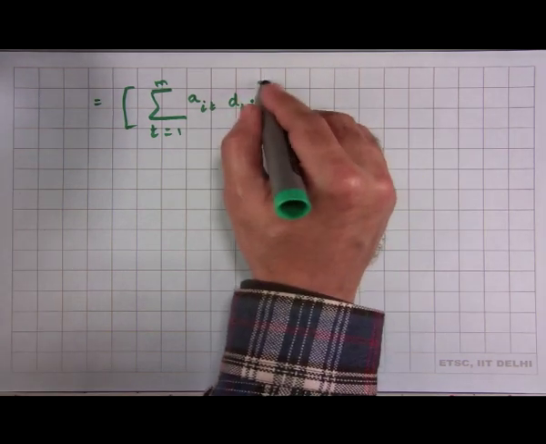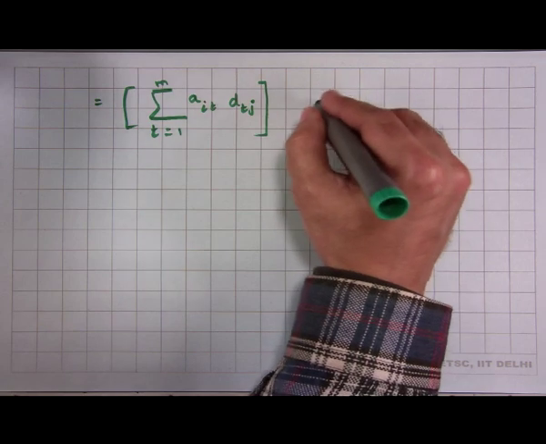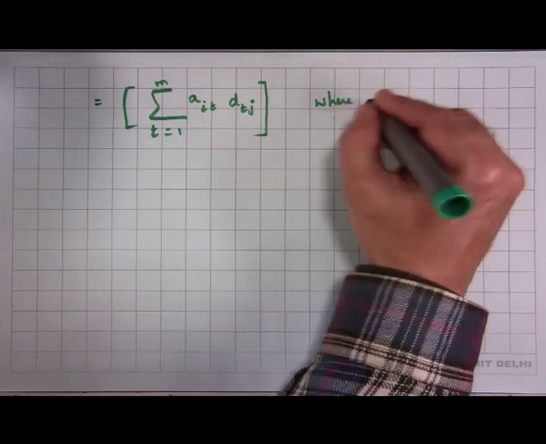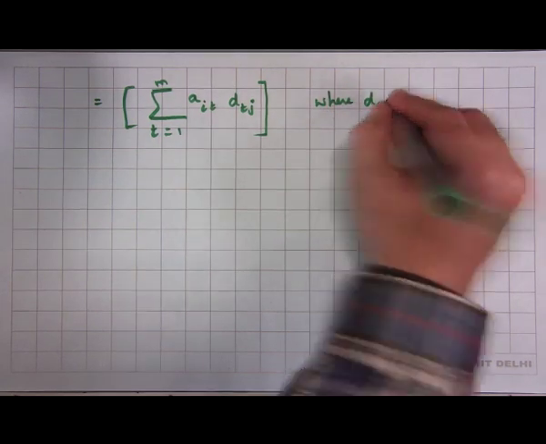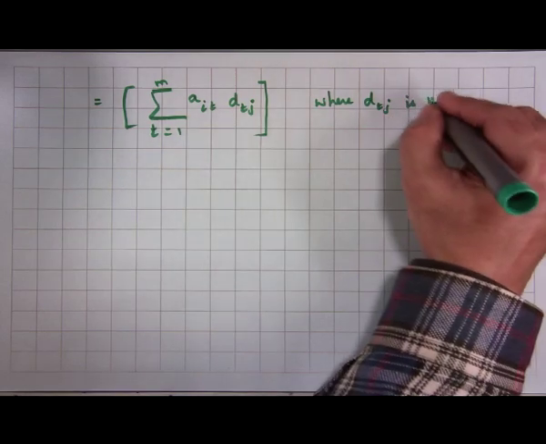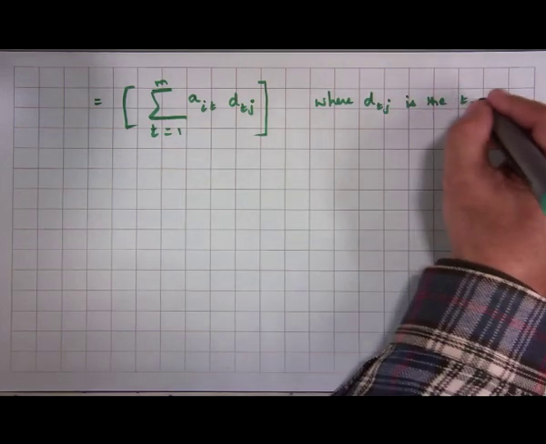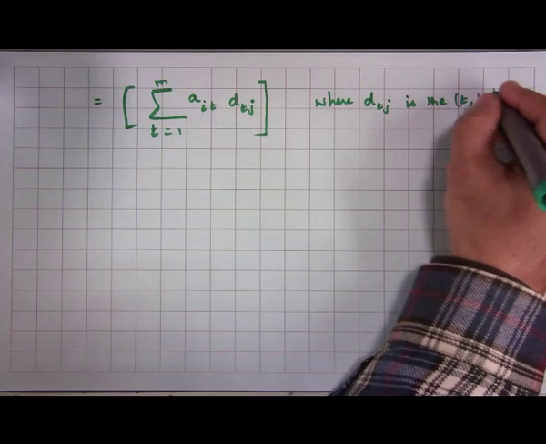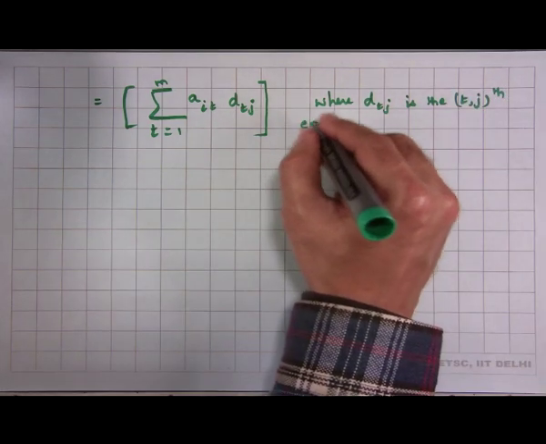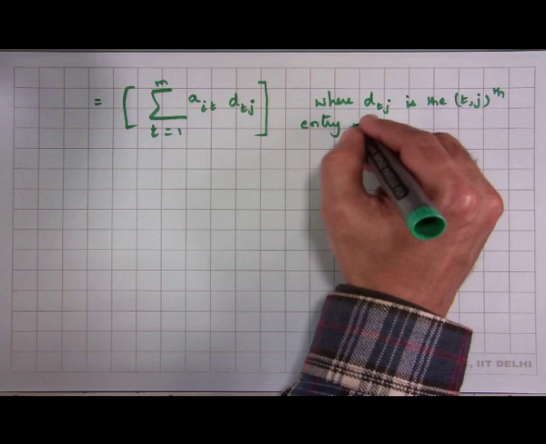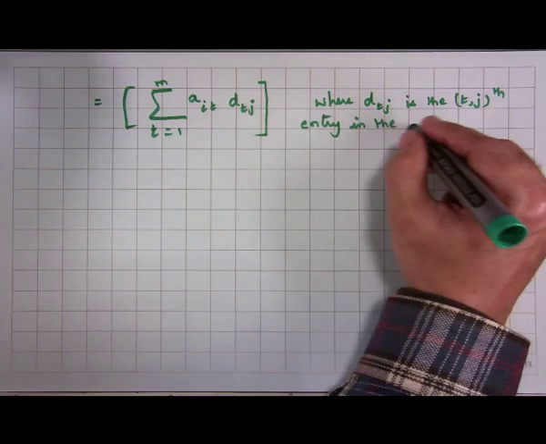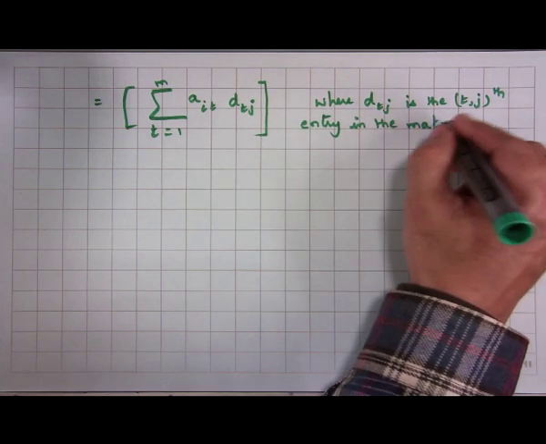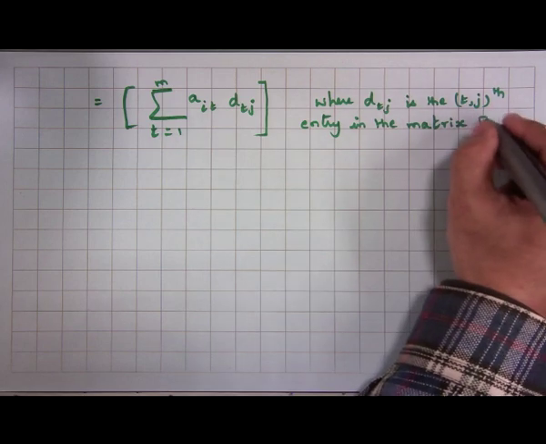This is the ijth element I wanted, where Dtj is the tjth entry in the matrix B dot C.